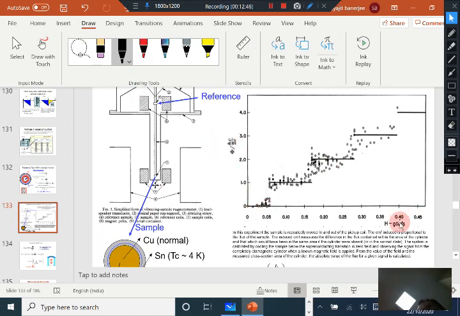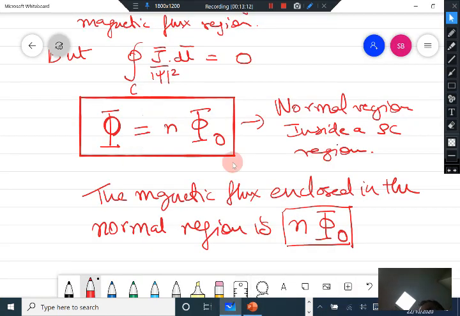As you increase the field, the flux inside the copper region keeps on changing in integral multiples. It is 1 phi naught, then 2 phi naught, then 3 phi naught, and so on. As you vary the magnetic field, the flux enclosed inside this copper region has to change in integral multiples of phi naught.